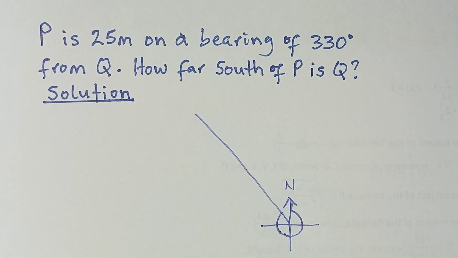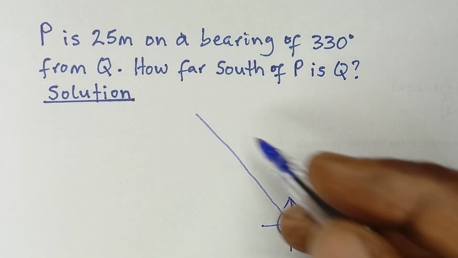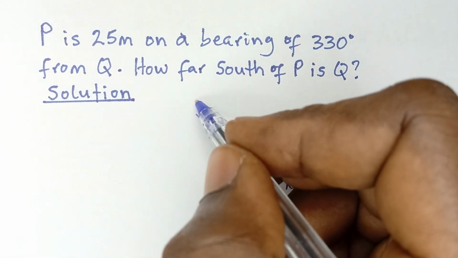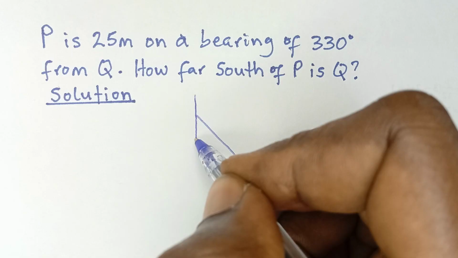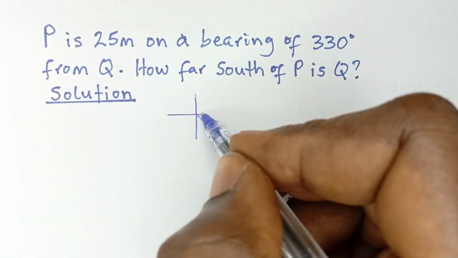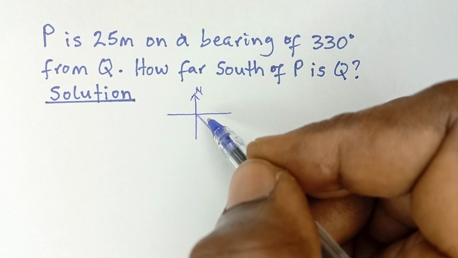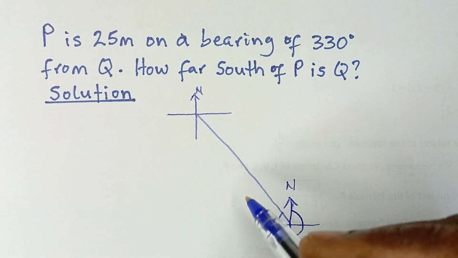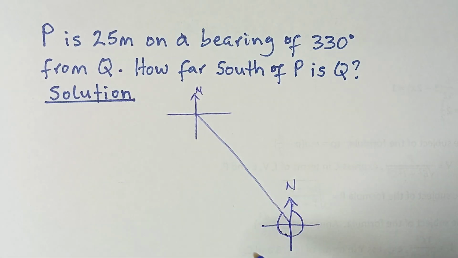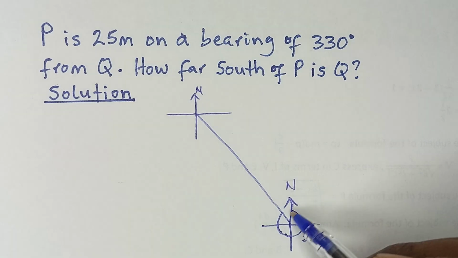From there I can rule my line to get the required line. So when I get to this point, I can as well put my cardinal points here as well. So that is my cardinal point. Now, the next thing for me to do is to write the angle. Don't forget this is 330, moving from this point down to this place.